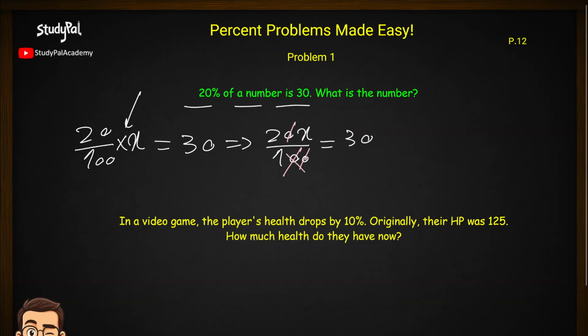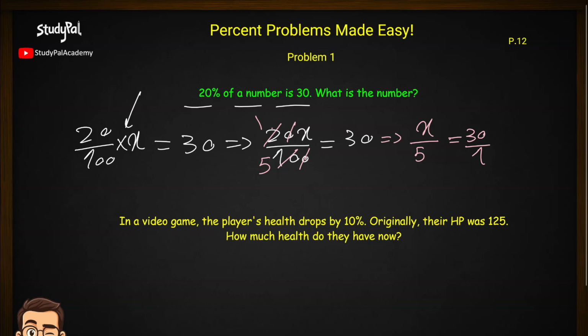You need to keep them. And one more step, 2 divided by 2 is 1, 10 divided by 2 is 5. So we have 1x over 5 is 30 over 1.